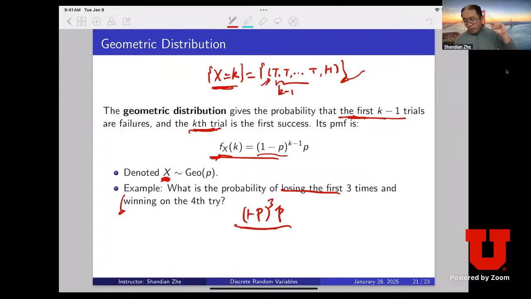The random variable x defines at which trial you got the first success. So x equals 1 means you get your first success after the first trial. X equals 2 means you get the first success in the second trial. And x equals k means you get the first success in the kth trial. That means all previous trials are failures.